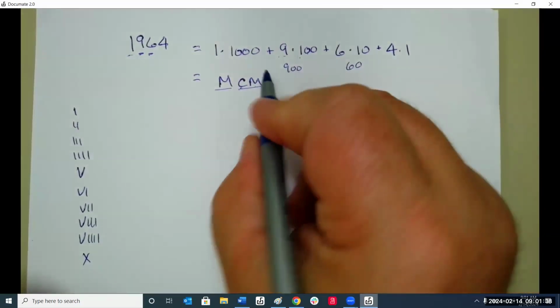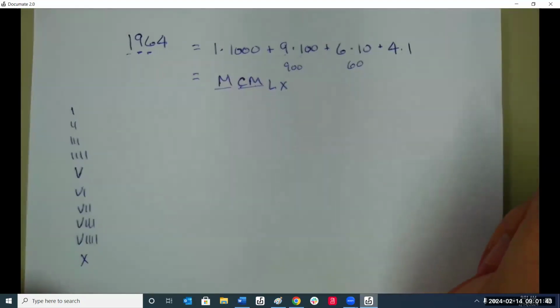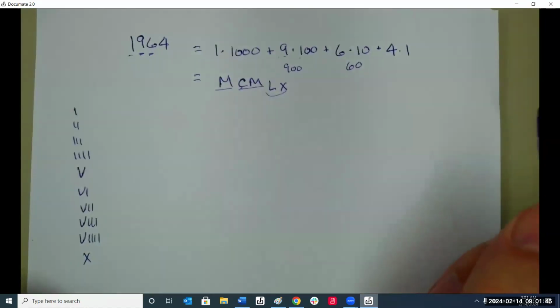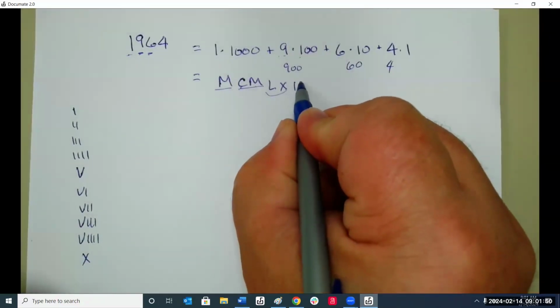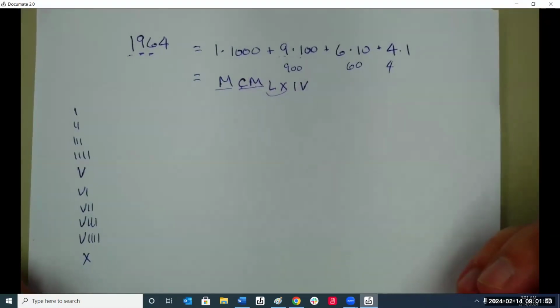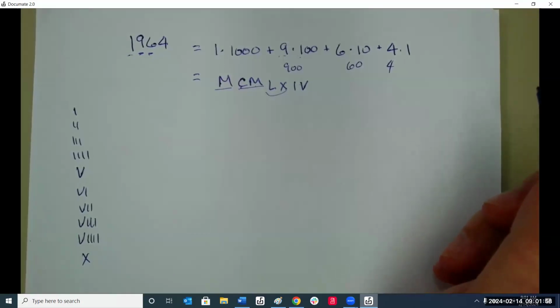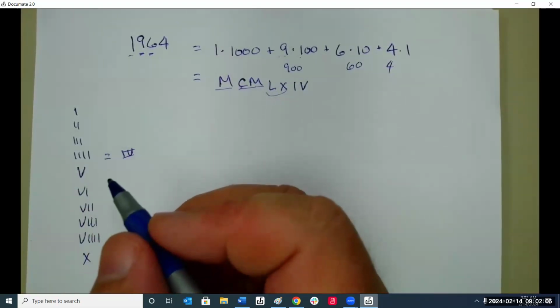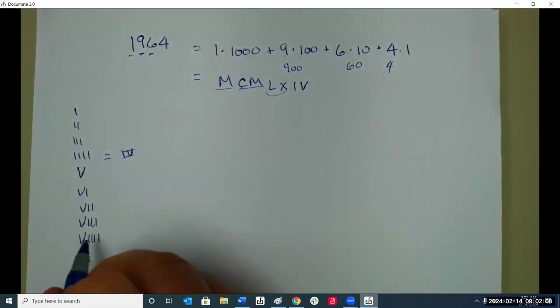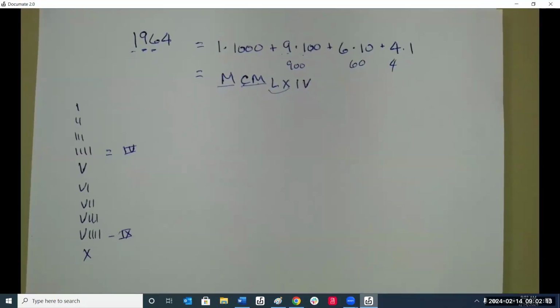So what's a 50, and a 10? So that means 50, and we do a 4, because IV is the same thing, but it looks cleaner. IX is 9. It looks cleaner.